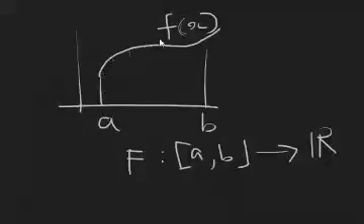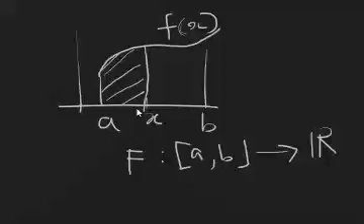So this curve, right? I consider the area under this curve between a and x here. I only consider the area under this curve between a and x here, right?